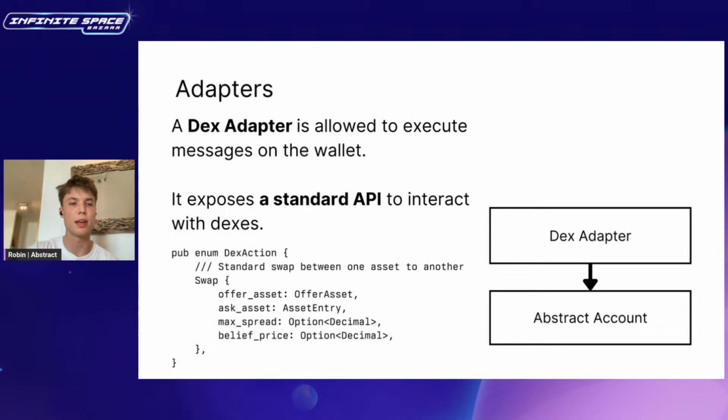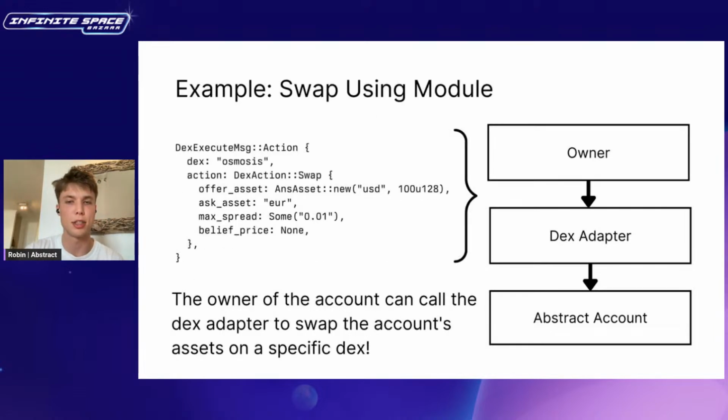And in the swap, we give it an offer asset, we give it an ask asset, and we give it some parameters that make us assert slippage so that we don't lose our coins, basically. And what this allows us to do is to not worry about the actual exchange that is being used, but just call this DEX adapter directly.